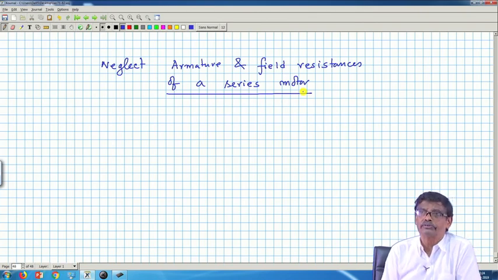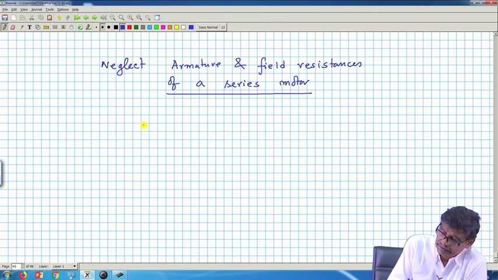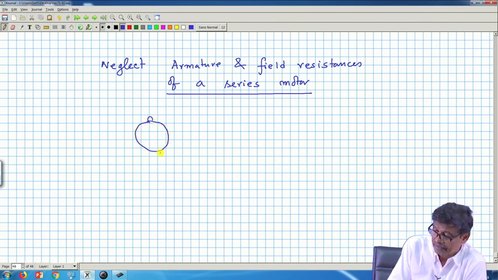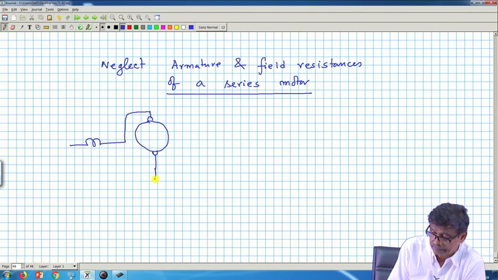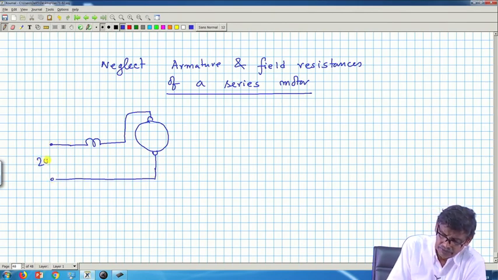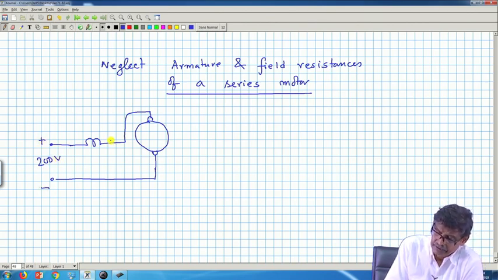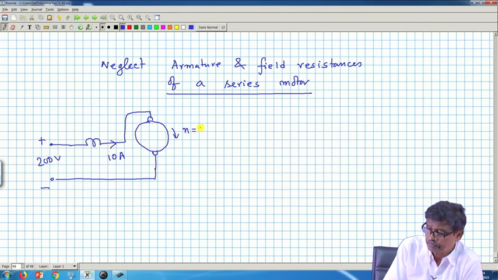Suppose you neglect those resistances. I say that a series motor is connected like this, and I say that you have applied 200 volt plus minus, and it was seen drawing a current of 10 ampere and running at a steady speed of say 1000 rpm.